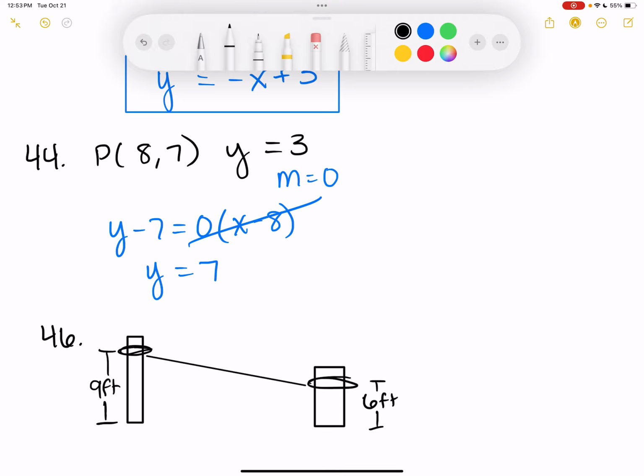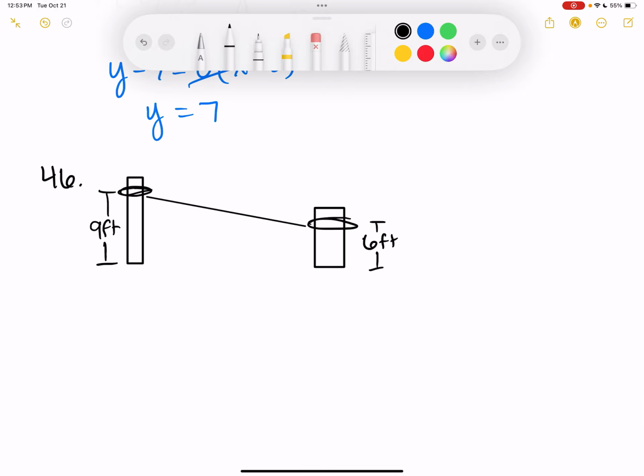The distance between the two poles is 20 feet. So it wants to know what the slope of this zip line is. So what is the value that gets me from here to here? So is this going to be a positive or a negative slope? Negative. So I'm going to go ahead and write that down.